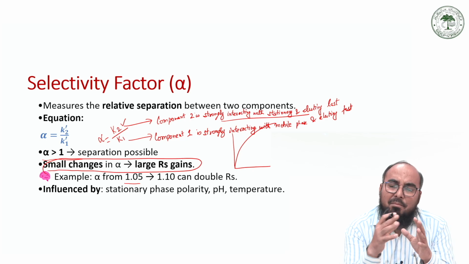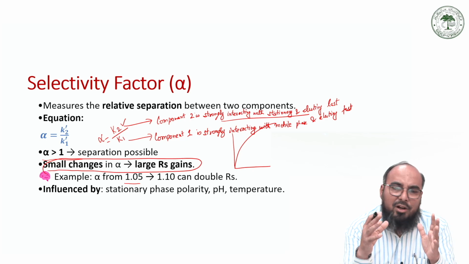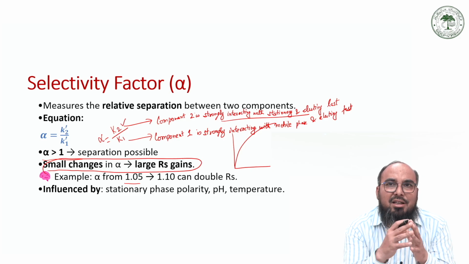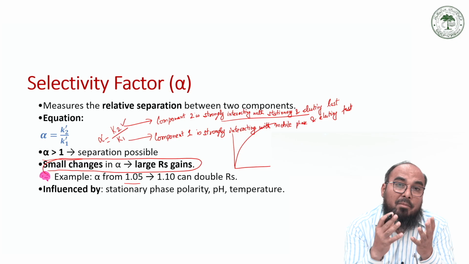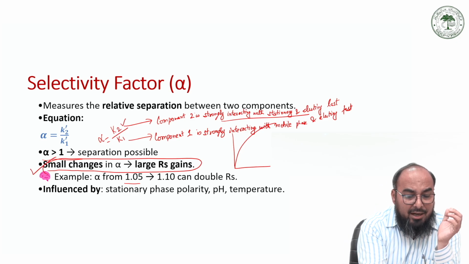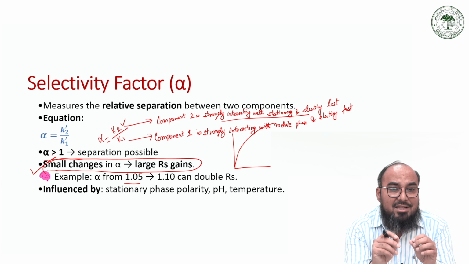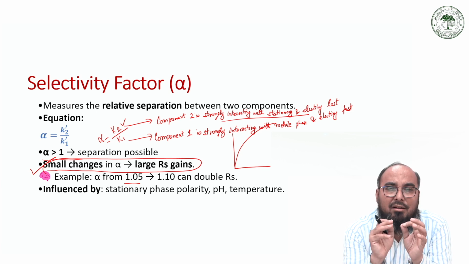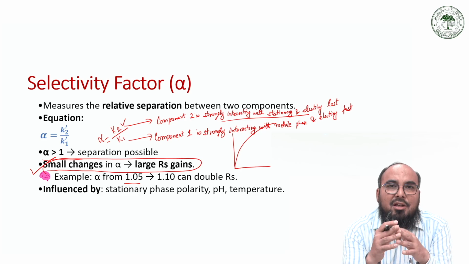Similarly, temperature is very important. We are going to see this effect of temperature in gas chromatography, how the temperature becomes so dominant. But again I am emphasizing, because it is very important, a small change in alpha can have a very big implication on the resolution.